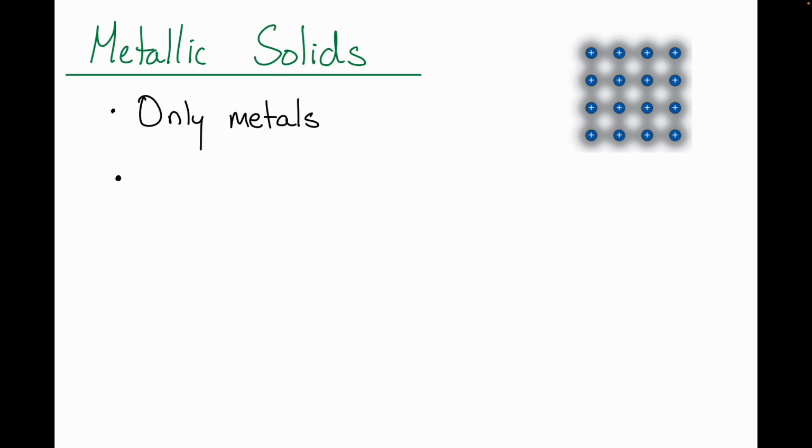All right, and what we haven't talked about would be the type of bonding here. So what do we see for our metallic bonding? This is what they call the sea of electrons model.